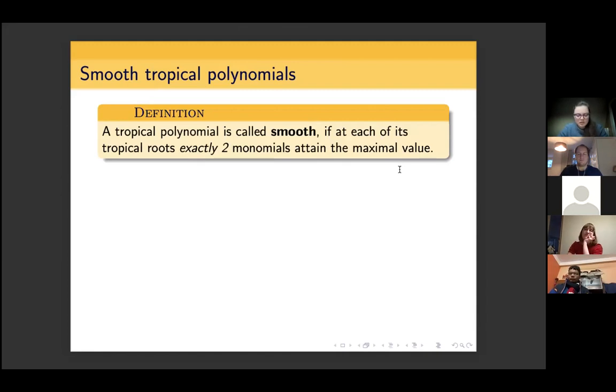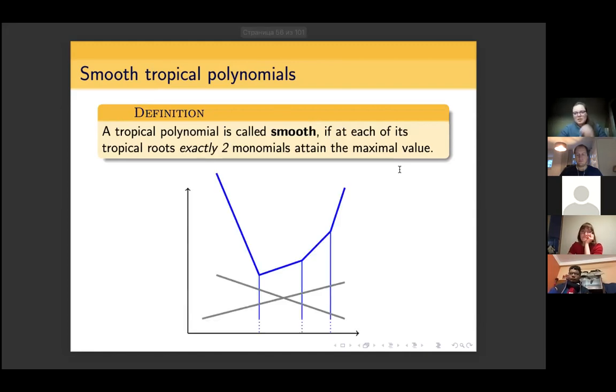It's very interesting to use the word smooth for an object which is piecewise linear, but nevertheless. And this is a perfect example of a smooth tropical polynomial, because at every root, there are exactly 2 monomials that attain the maximal value. Not 3, not 5.